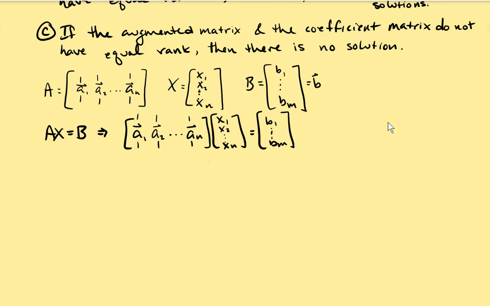But we've seen how to view matrix multiplication with a column vector on the right. We can view this as the first scalar in that column vector times the first column of the matrix, plus the second scalar times the second column, all the way out to the last scalar times the last column. And on the right side, we still have just this column vector B.